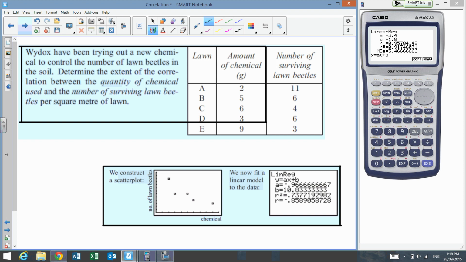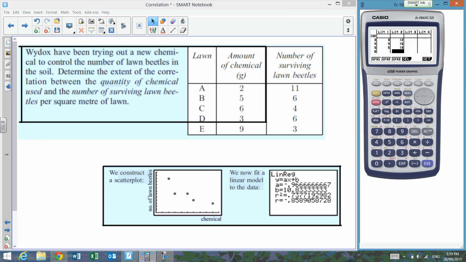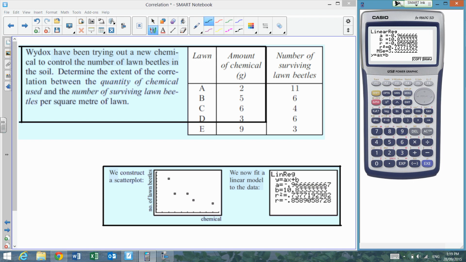Let's have a look at some examples there. Again, if I pop my data into the calculator, 2, 5, 6, 3, and 9, I graph it, I calculate my X using F2, and you can see that I get the following results.